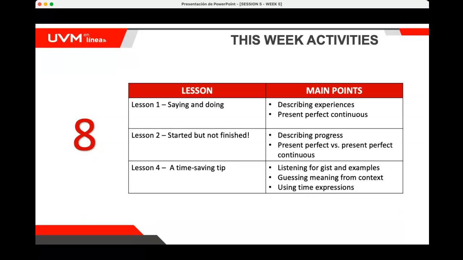You also worked on guessing meaning from context words. Again, this is another strategy that is going to be very useful if you want to take a TOEFL or an IELTS exam, because you need to manage it in order to answer some questions, okay?